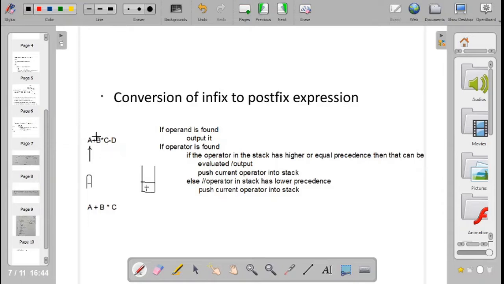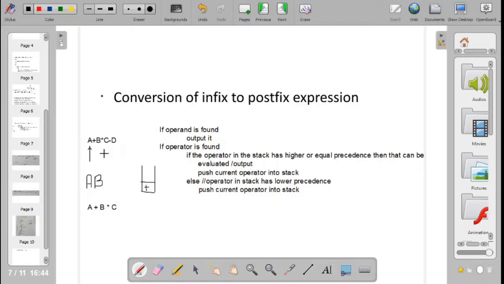So we can't take a decision about plus right now, so we push it onto the stack and move on to the next character, which is an operand. Operands we just output, so we output it here.